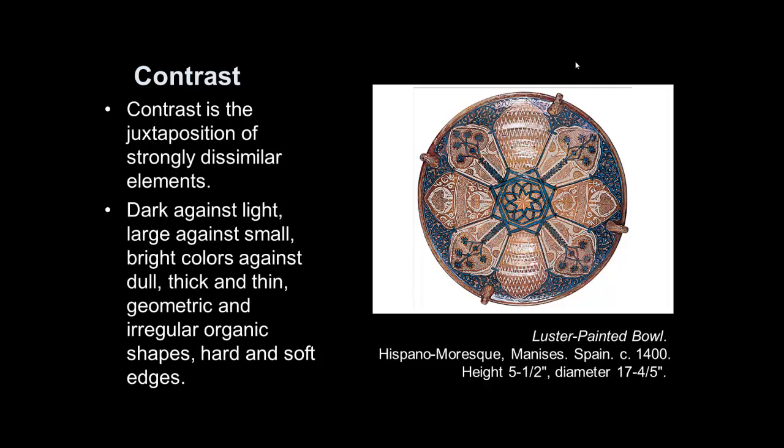Next, we have the principle of contrast. Contrast is the juxtaposition of strongly dissimilar elements. These are elements that are basically opposites of one another being placed beside each other: dark and light, thick and thin, hard and soft. So in this luster painted bowl, we see the gold and blue, which are complementary colors.